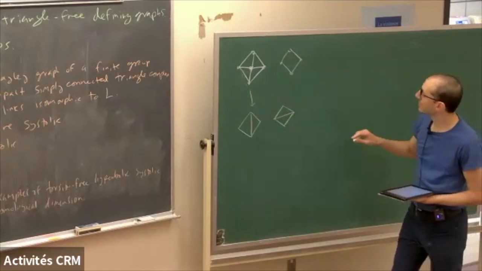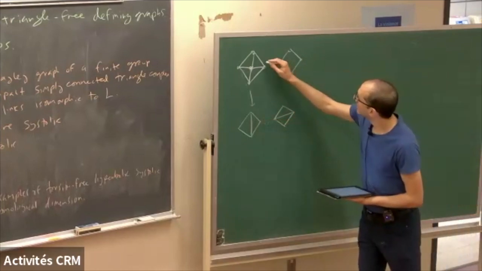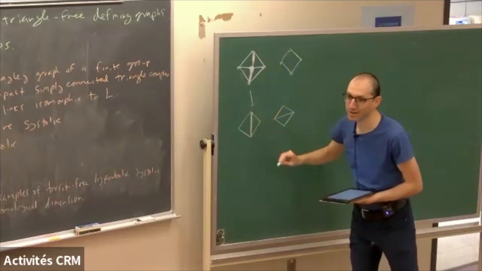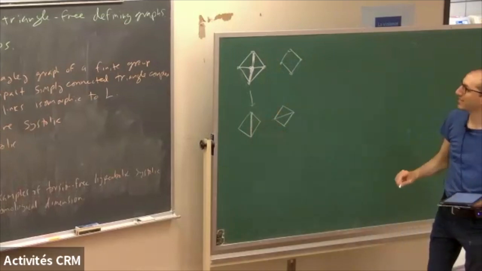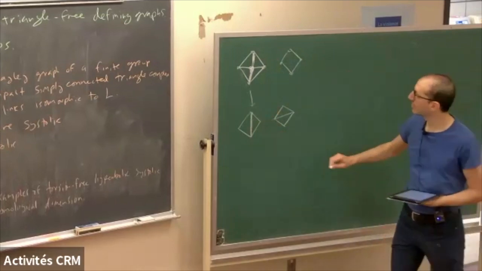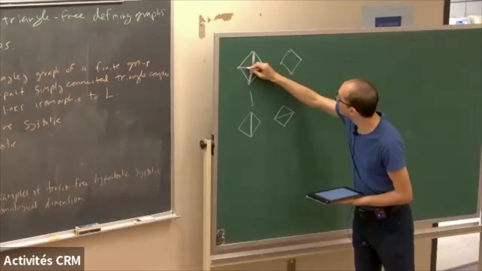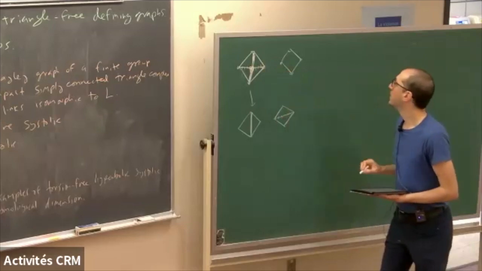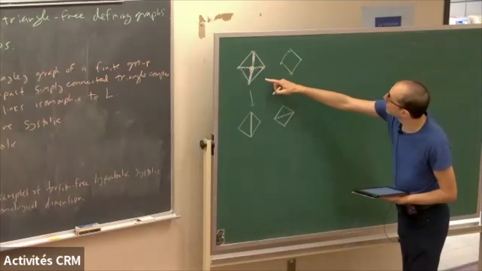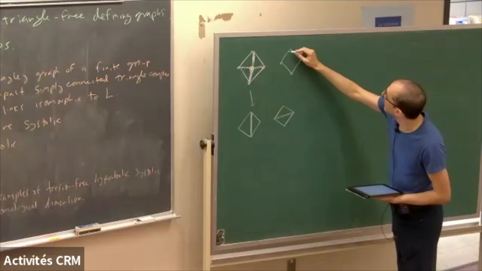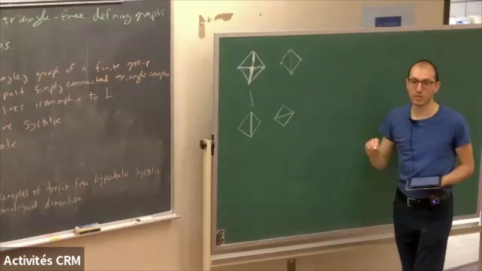These two guys along with this form a triangle, and that triangle is there in the complex. Same as these two guys and this guy. So telling you that you have this replacement is essentially telling you that in the link, this square has a diagonal.